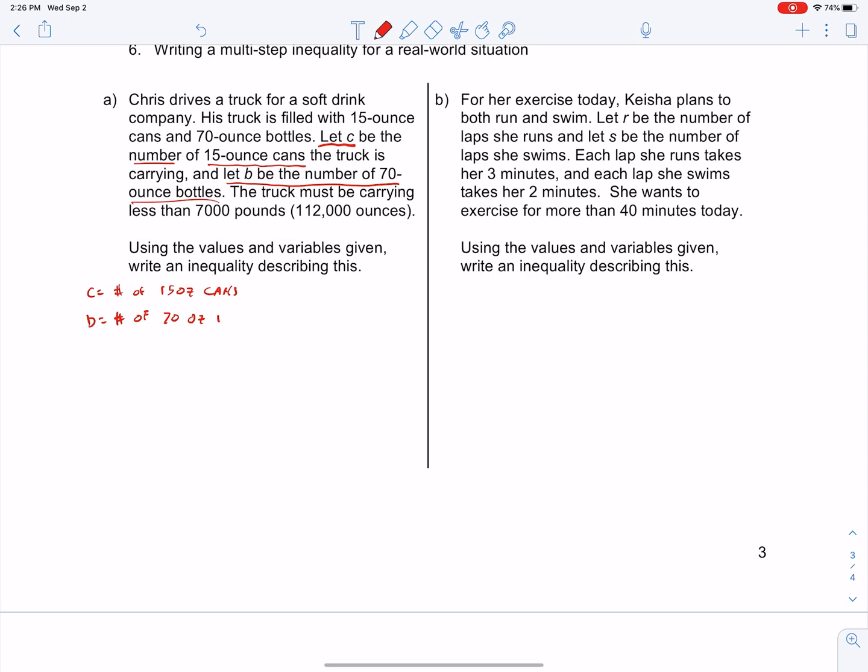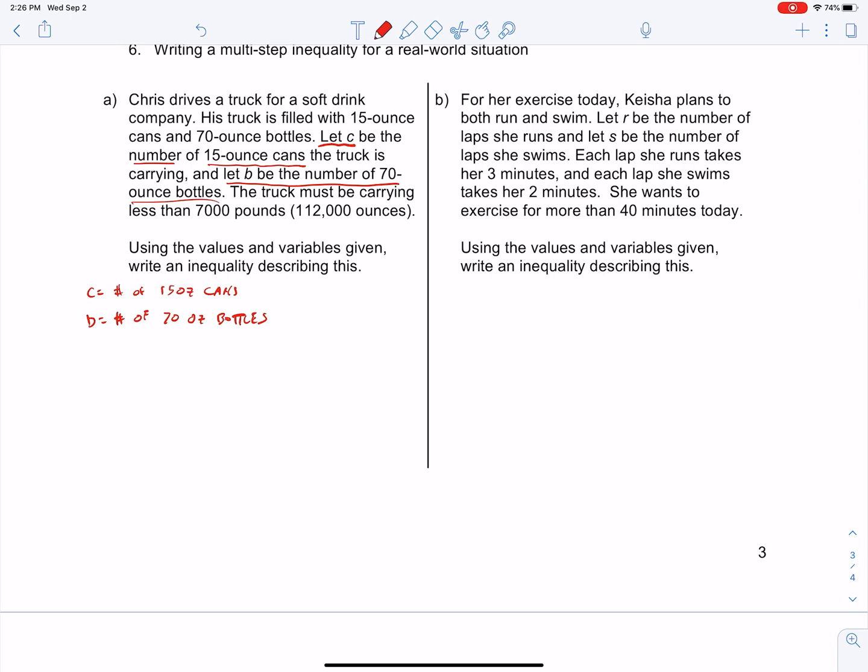I said cans, I meant bottles here for B. Now, do you have to write out what C and B equal? No, if you're able to just read this and pick it out and create the inequality, that's fine as well. This just helps me separate the information that I need in order to figure this out.